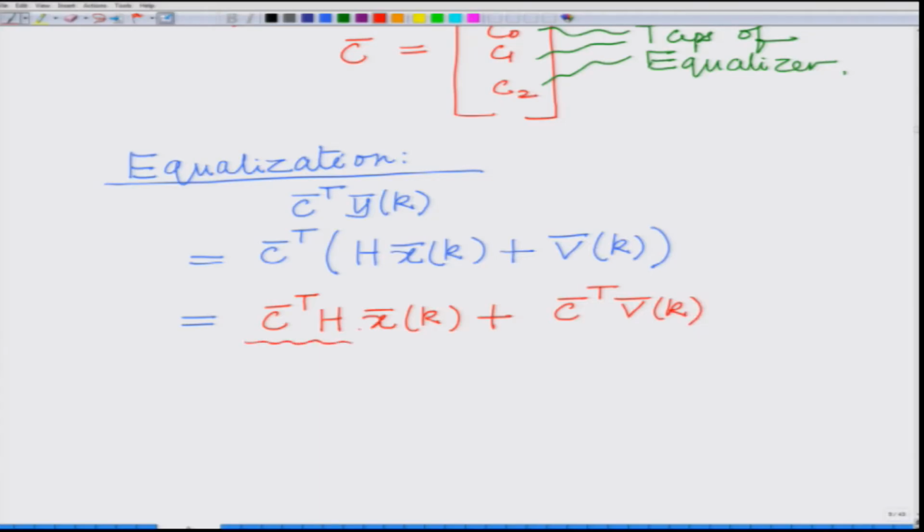And ideally we want this vector C bar transpose H to be as close as possible to the vector 0 0 1 0. So, our equalizer design criteria was to zero out the interference from xk plus 2, xk plus 1 and xk minus 1 on xk. Therefore, this vector C bar transpose H should be as close as possible to the row vector 0 0 1 0, or taking the transpose of this.